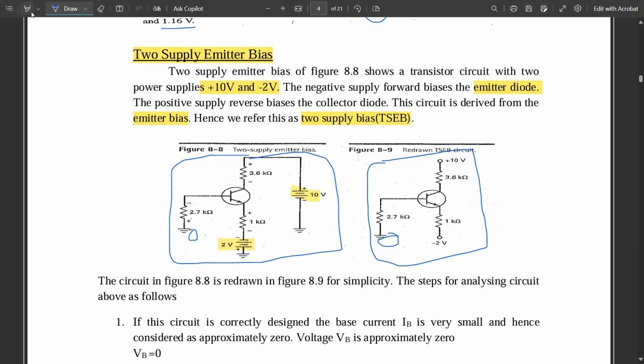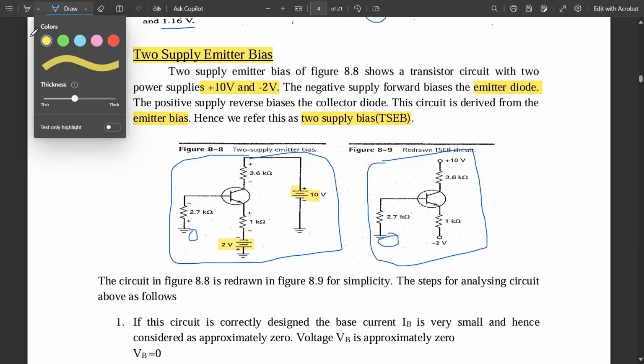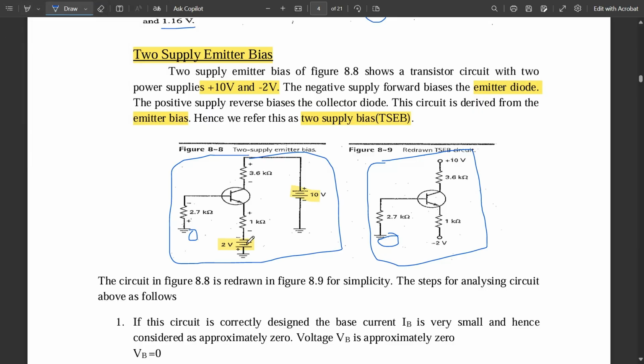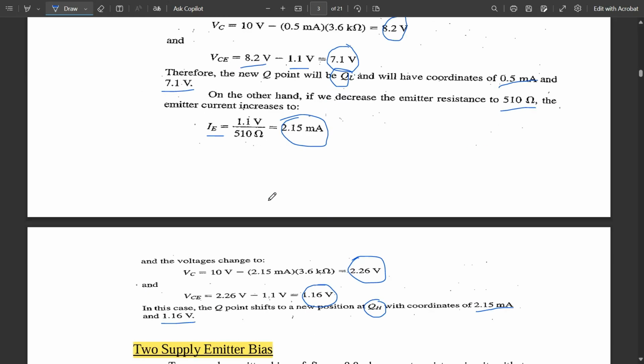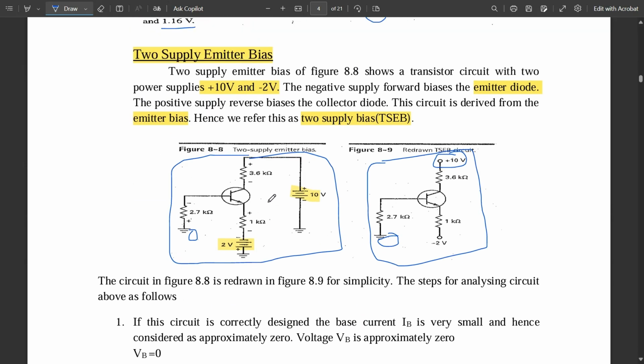Because the second supply is specially given to the emitter side, not to the base side. Generally, one supply is always given to the collector side. In the previous circuits you have seen, the supply is always given to the collector side, whereas in this case, two supply emitter bias.